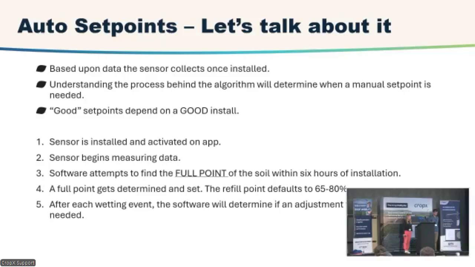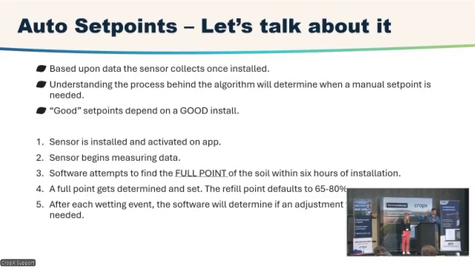Great point. Yep. And so when that attempts to find that full point, one small change compared to last year is that it's going to be doing it within the first 6 hours, whereas last year that would have taken up to 48 hours. The reason that we decided to do that was because of that new moisture offset feature, which I talked about in our advanced session.